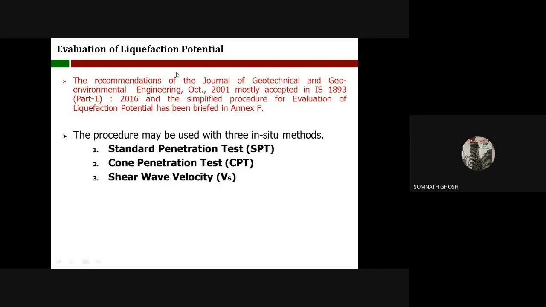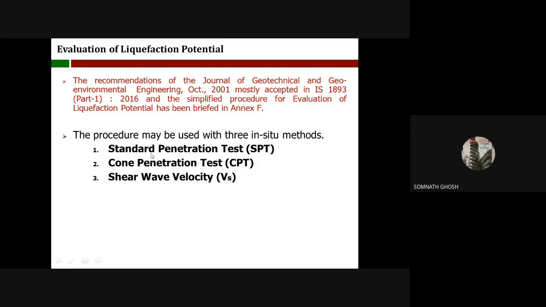Now, in our code, based on those reports, basically, because you have to confess what the important reports available at that particular time were, the code committee assessed those reports, and researchers gave their opinion, and ultimately in 2016, in Part 1, they proposed a very simplified method for assessment of liquefaction potential.